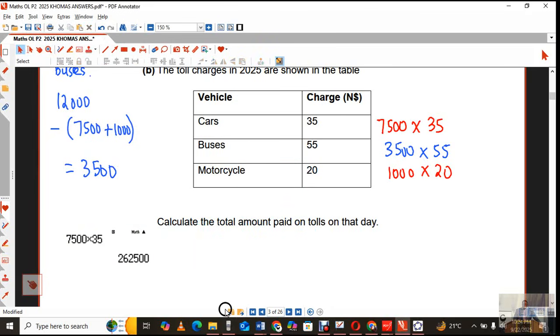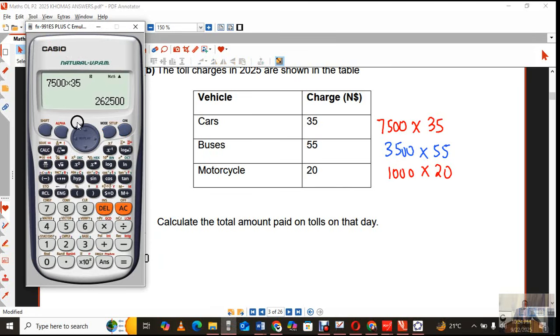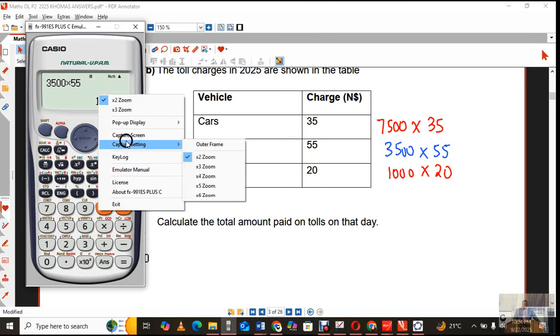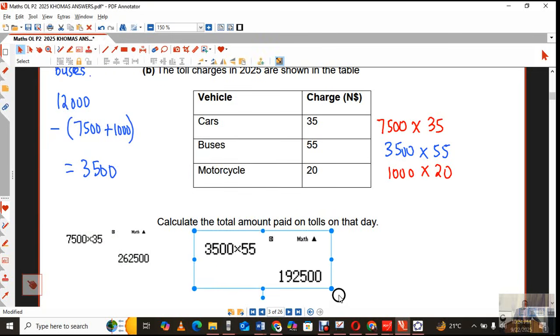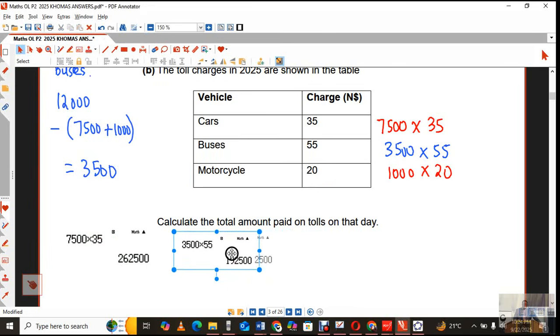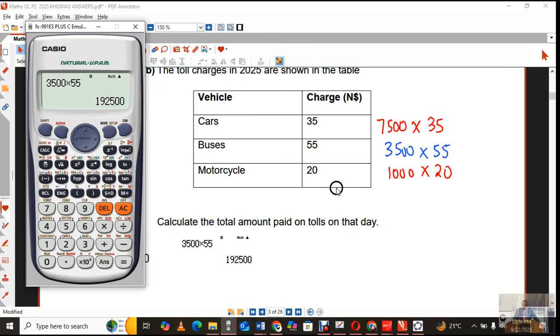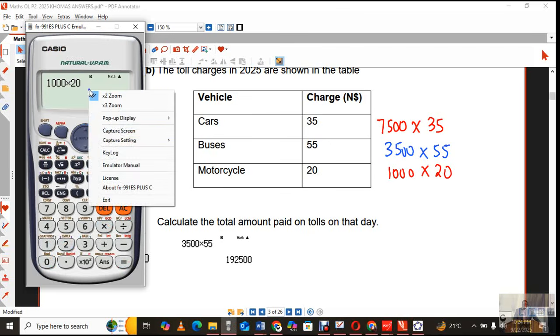I'm just doing that to make sure that I have the correct value. And then you take the 3,500, you multiply that by 55, okay? You get that value there. All right, I'm just going to bring that one as well. And lastly, you have the 1,000 times 20. That's very straightforward. 1,000 times 20 is just 20,000.